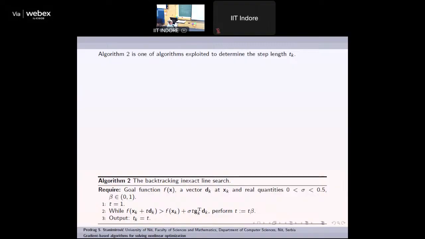Then start the step size from 1, and verify until this criterion is satisfied, reducing the step size by beta. The first time we have the opposite inequality, stop. Inexact line search reduces the goal function enough. Don't try to find the optimal step.